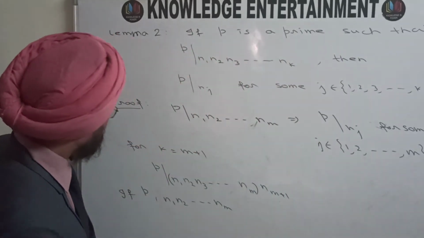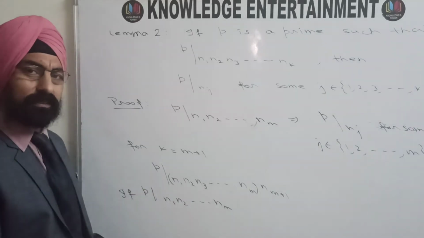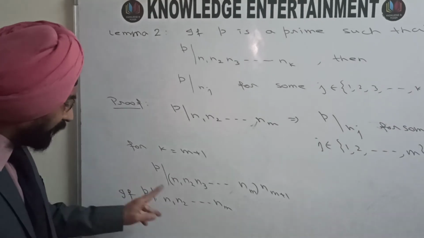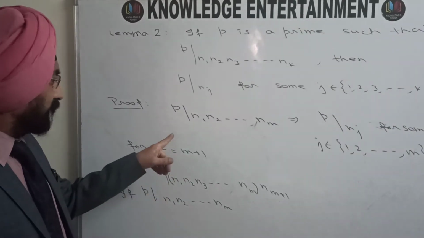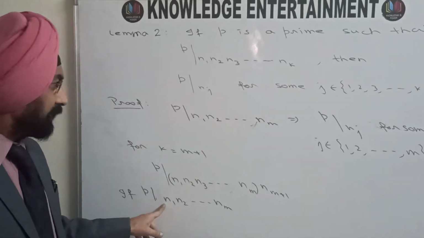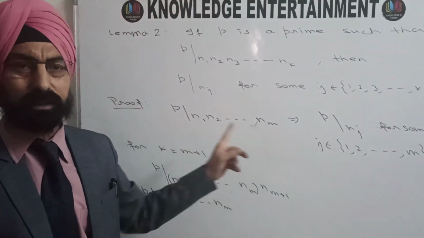If P does not divide this, we have proved the lemma is okay. If P divides this, then by the induction step, P must divide at least one of these numbers.